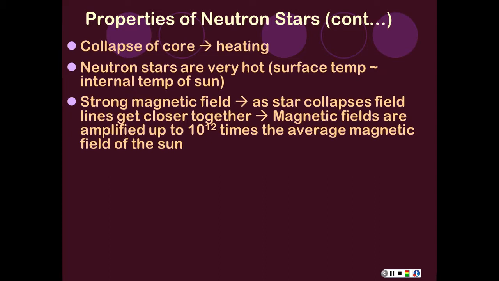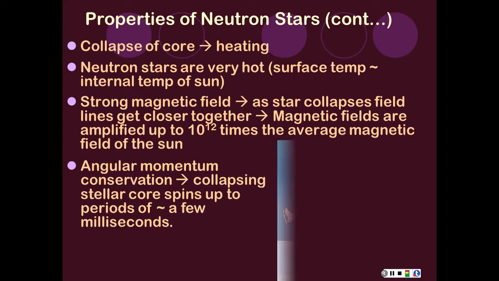It's something that people at MU take advantage of with the nuclear reactor down in the valley, where they use neutrons to investigate all sorts of materials because of its magnetic dipole. So it's got a very, very strong magnetic field, a trillion times that of the sun's magnetic field.